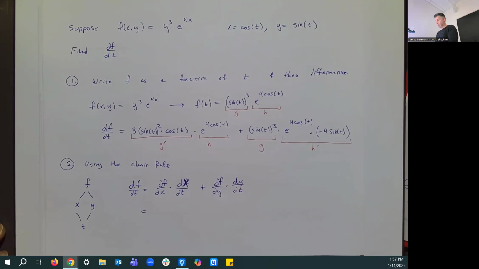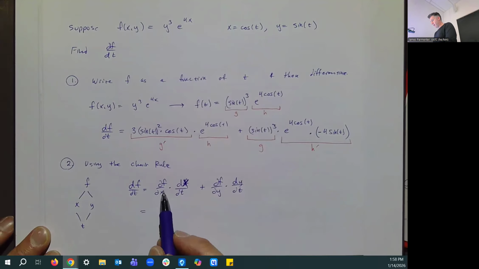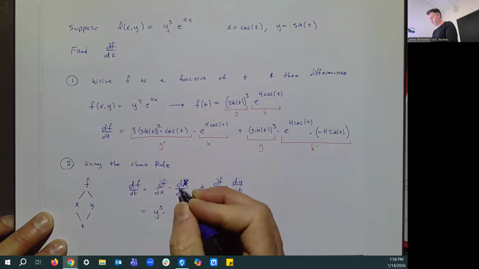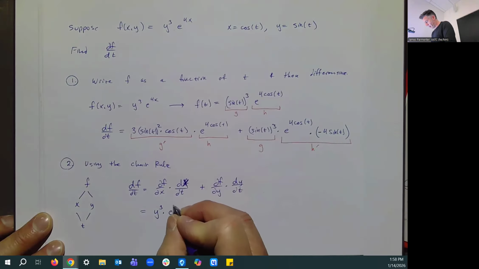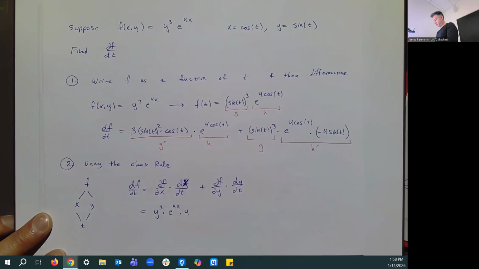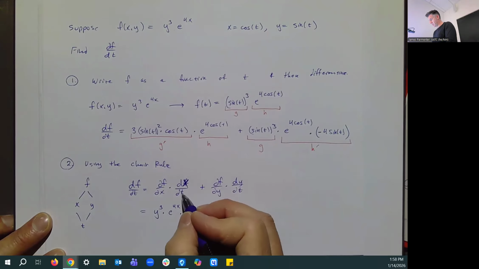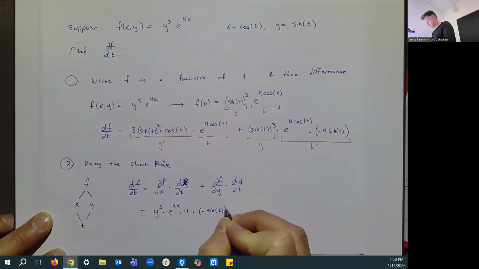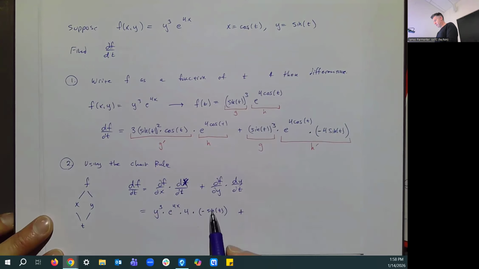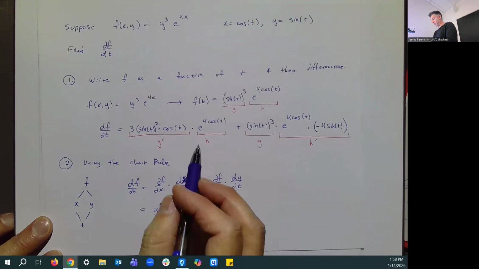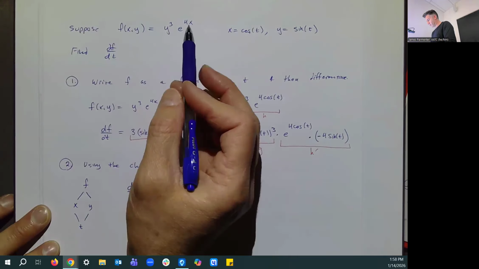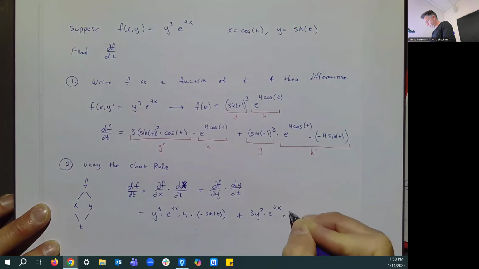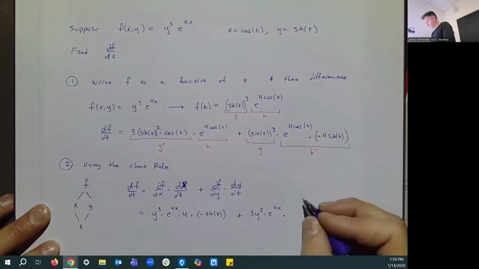So, looking at my original function, del f del x, the y cubed sticks around as a constant multiple, and the derivative of e to the 4x is going to be e to the 4x times 4 times dx dt, which is negative sine of t, plus del f del y, which is going to be 3y squared times e to the 4x times dy dt, which is the derivative of sine of t, which is cosine of t.